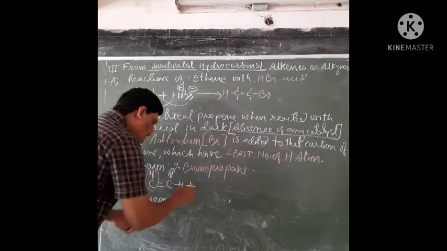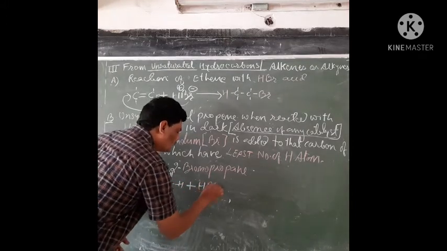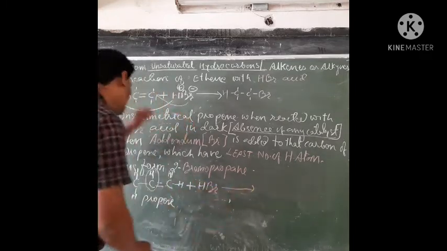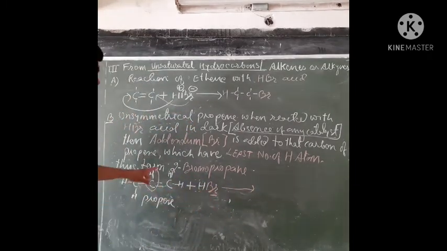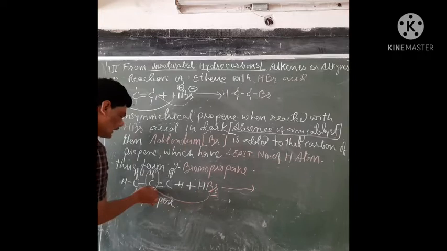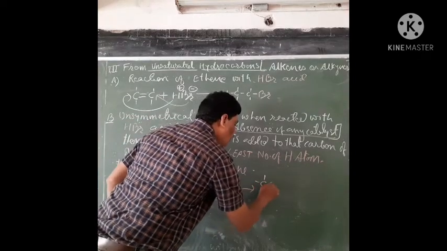So when HBr acid is reacted with it, according to the rule, the Br is added to that carbon of the alkene which consists of the least number of hydrogens. So this carbon consists of the least number of hydrogens, therefore the Br will attack this carbon atom, forming 2-bromopropane.